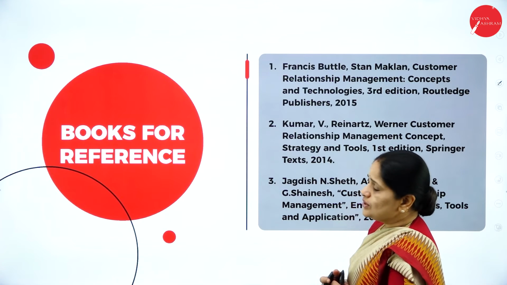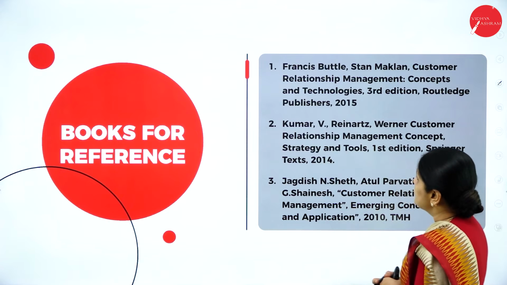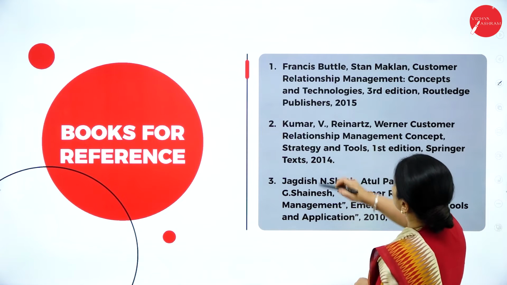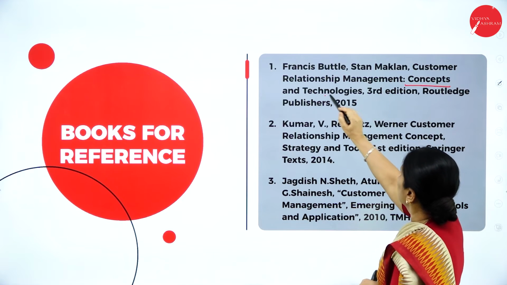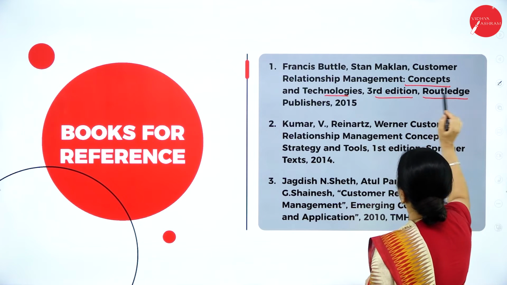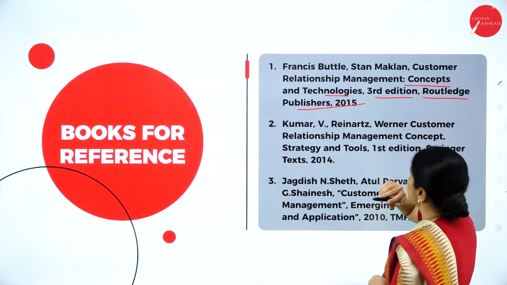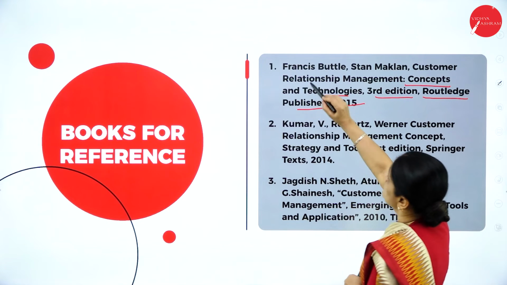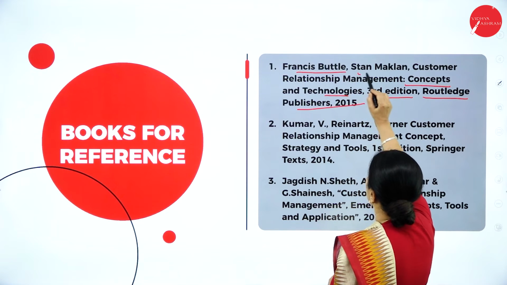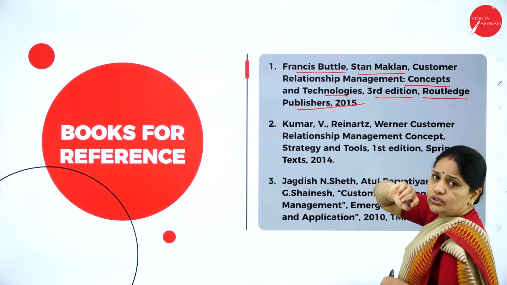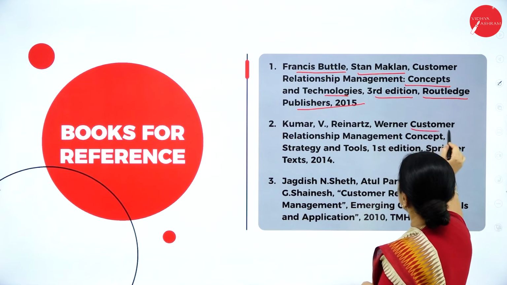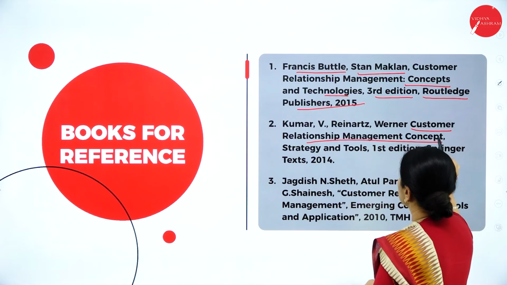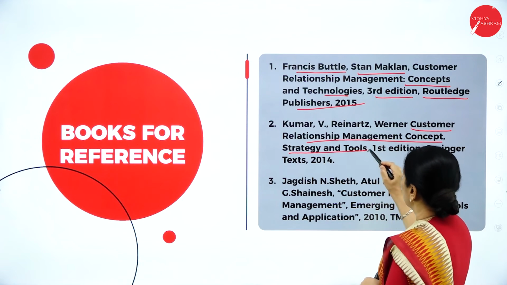Then coming to the books for reference. So you can refer these books: Customer Relationship Management, Concepts and Technologies, 3rd edition, Routledge Publishers, 2015. So this book has been written by Francis Buttle and Stan Maklan. So this is one book you can refer. The second book is Customer Relationship Management, Concept, Strategy and Tools.